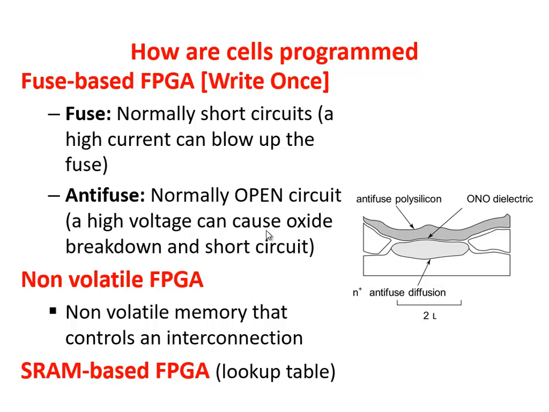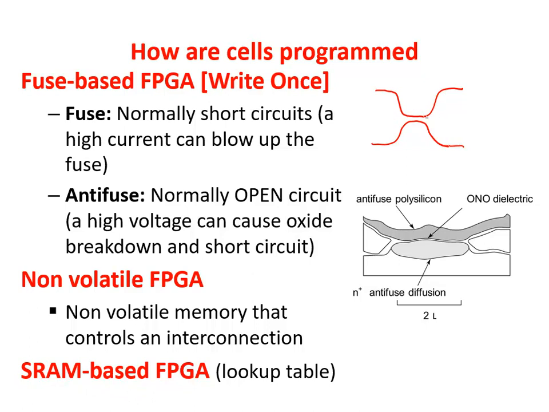One situation is the so-called fuse-based. In the fuse-based, typically you have a write once option, in the sense that there are some interconnections that can be opened once, or that can be shortened once. For example, in the case of the fuse, you have a short circuit, so an interconnection that is present, and that can be interrupted. You have the analogous of a fuse, un fusibile.